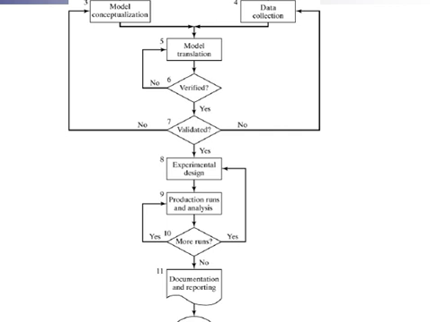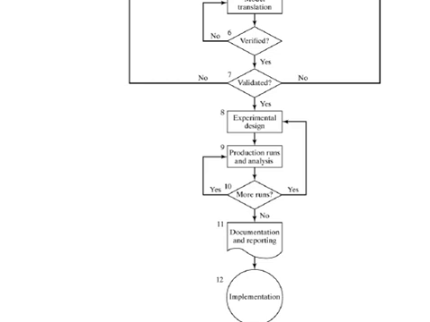And if you are happy with this, then you can move to the next step. So if you are happy with your number of runs, and you're saying, okay, I don't need any more runs, then you basically move to the documentation and reporting steps. And if you are happy with that, then you are basically going to implement whatever results were recommended by your simulation model.